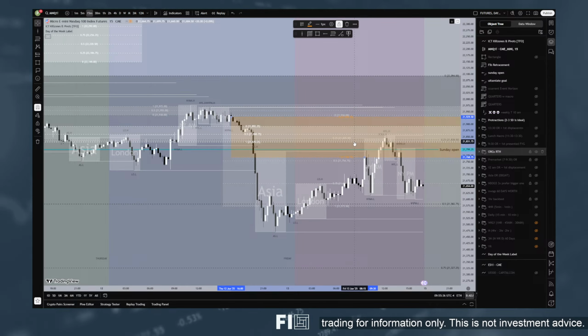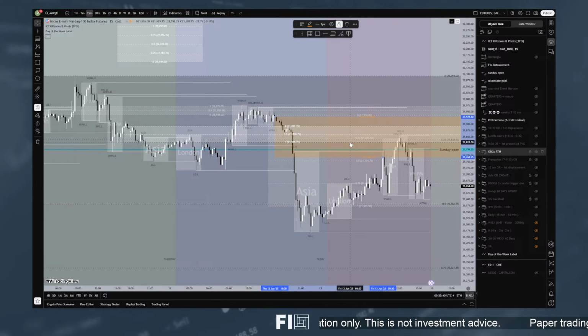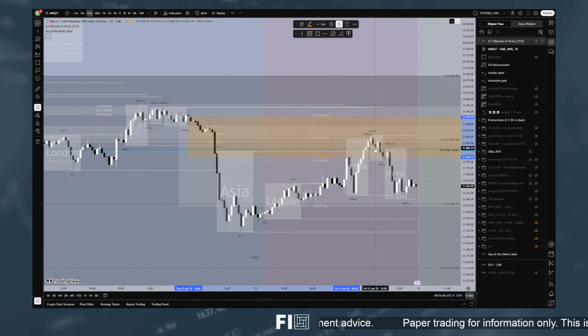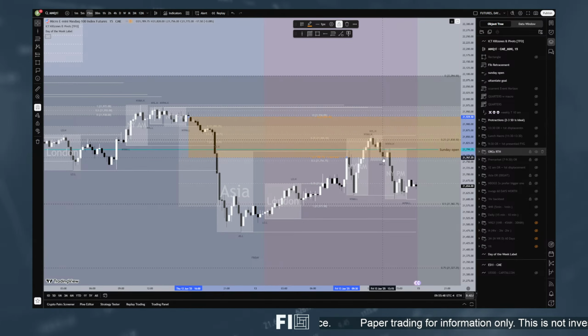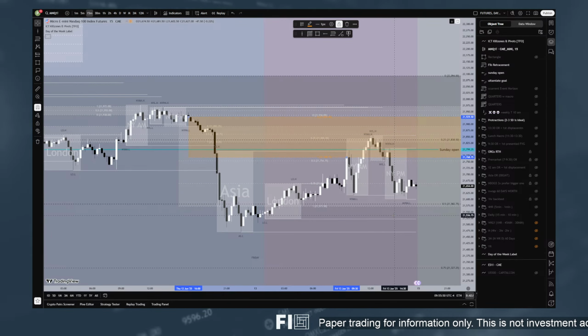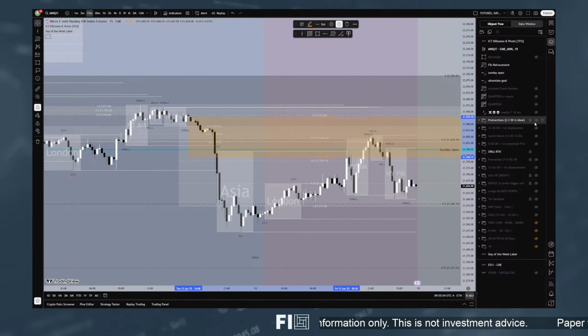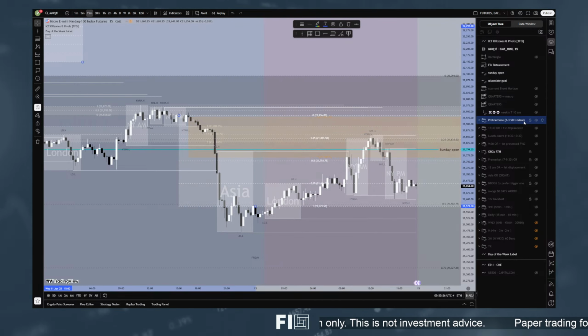But we also have other opening range gaps here as well. Let's go encroachment again. Trades some lower. Order block, sell. Order block, sell.